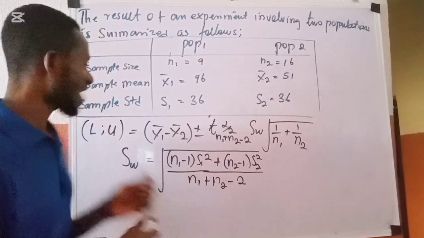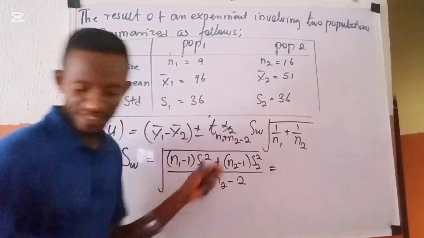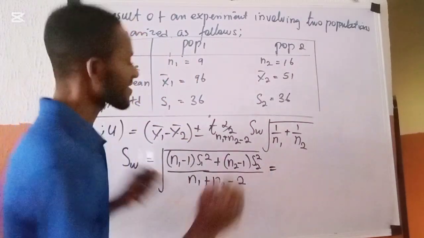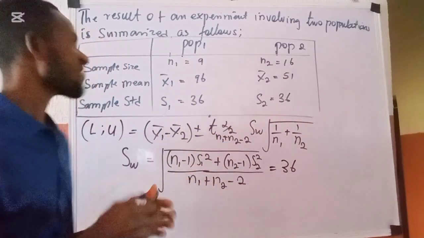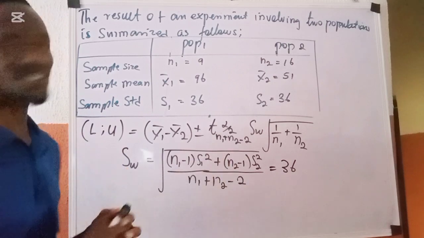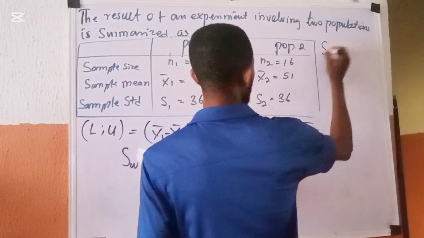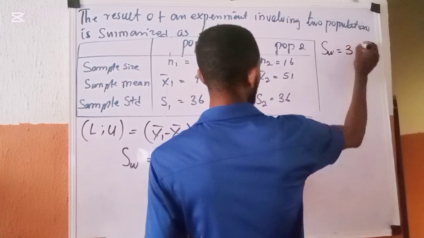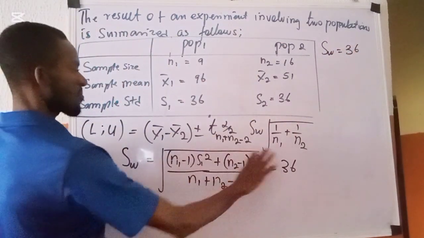After putting all this in, they told us that this place is given as 36. So you can try and confirm your own, whether after putting these values you are going to get that S_w is 36. I'm now going to clean here up now.